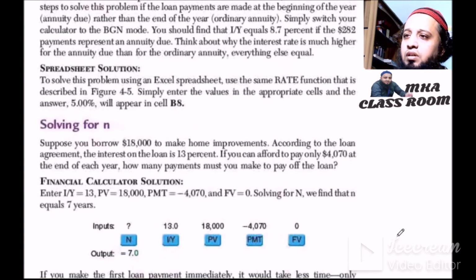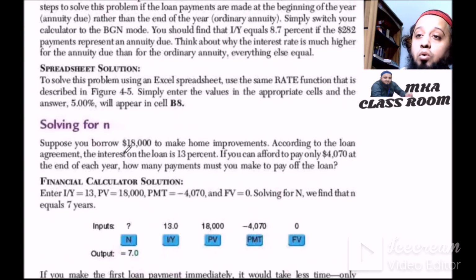If you can afford to pay only 4,070 taka at the end of each year, how many payments must you make to pay off the loan? That means what are the number of payments, what would be your number of n?